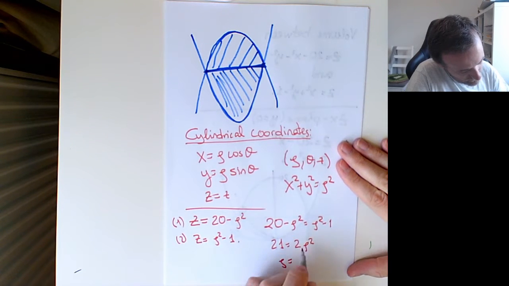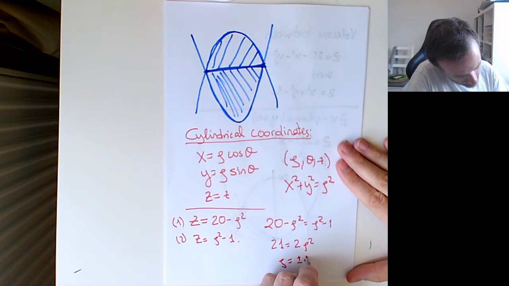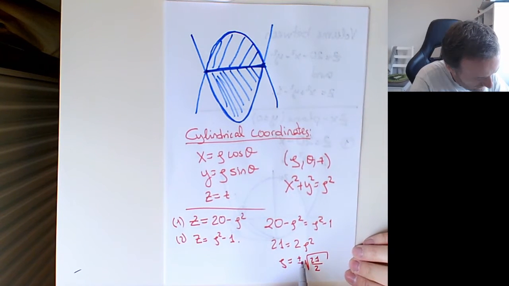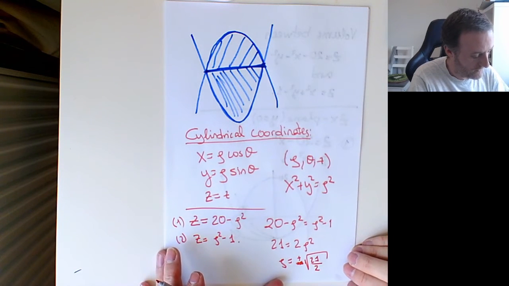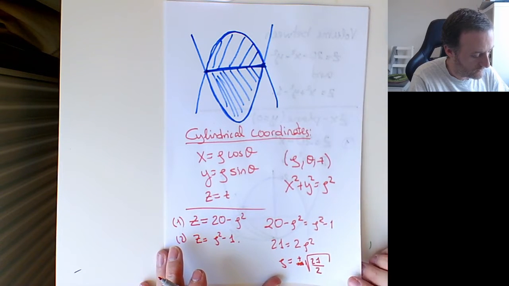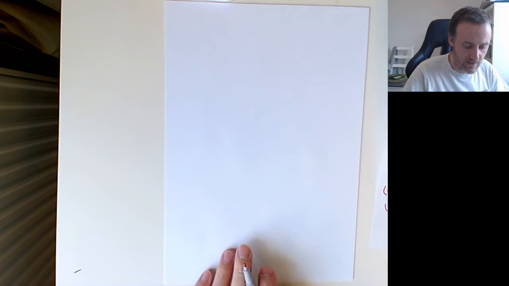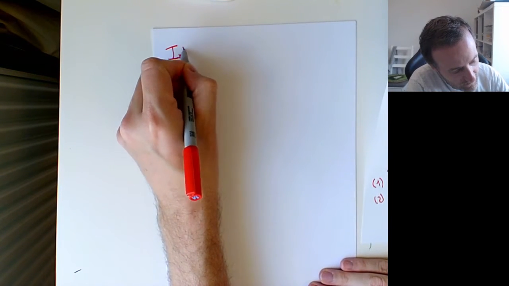The solutions to this equation are plus or minus the square root of 21 over 2, but because rho is a radius, we are only interested in the positive one. So rho is equal to the square root of 21 divided by 2.